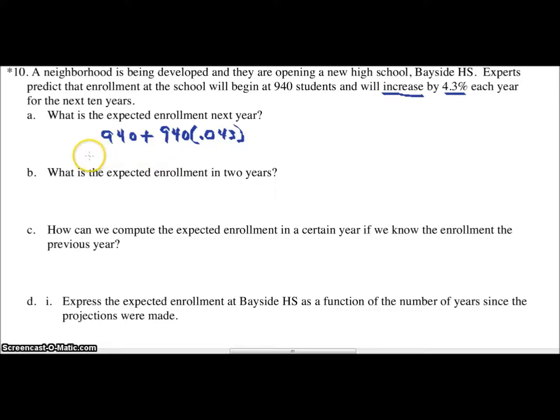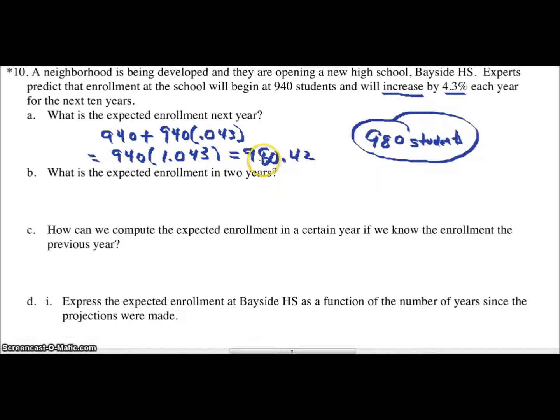Another thing I could do, just another method, is multiply by 100% plus 4.3%, which is the same as multiplying by 1.043. If you don't believe me, check and make sure those are the same calculations, and you might want to think about why that's true. So we get 980.42, or about 980 students.